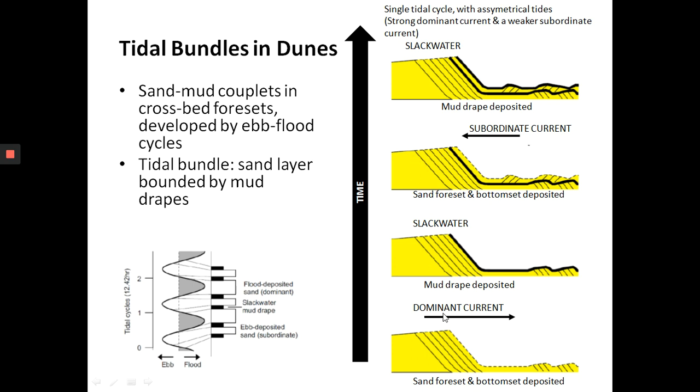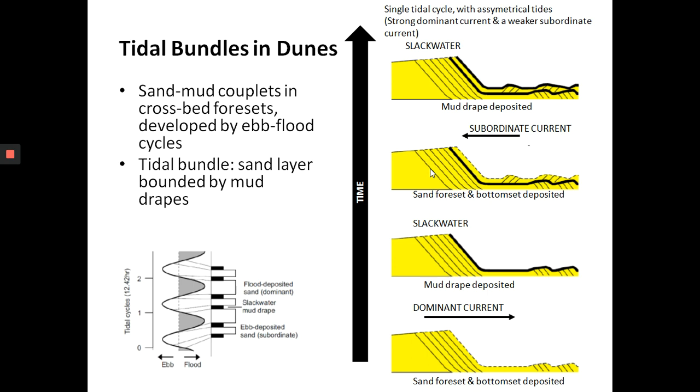So the stronger current, I call it the dominant current, and the weaker current, I call it the subordinate current. So this might represent flood tide, and this might represent ebb tide. It doesn't have to be. It might even be the opposite, so this might be ebb or flood. But we don't know in this case. Just stick with dominant and subordinate.